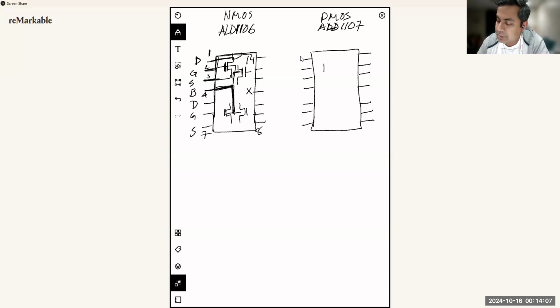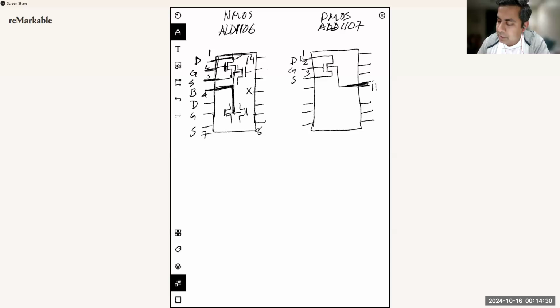The only difference is that the body connection is a little different in the PMOS than the NMOS. So you still have pins 1, 2, 3 as drain, gate, source. But the body connection is in pin number 11.